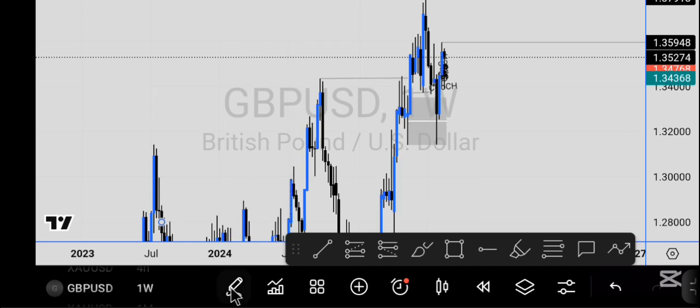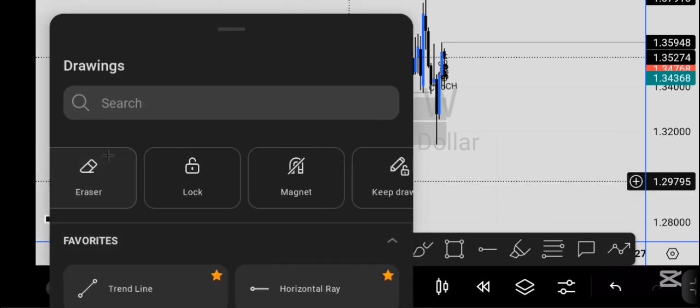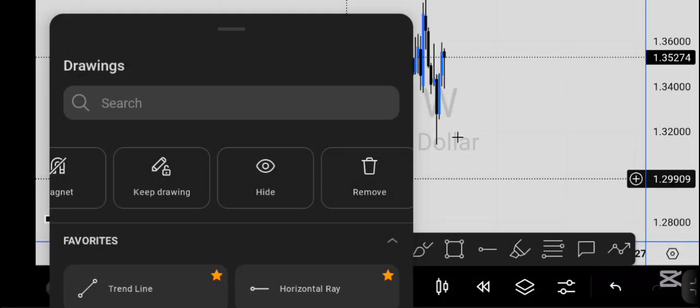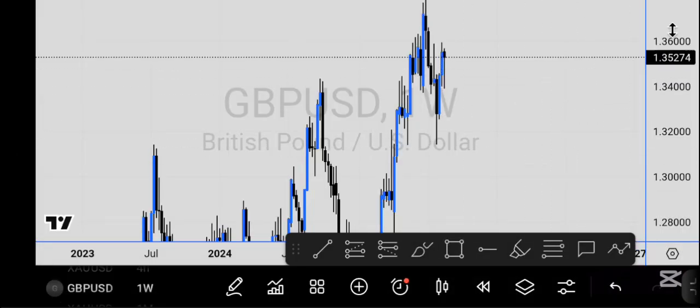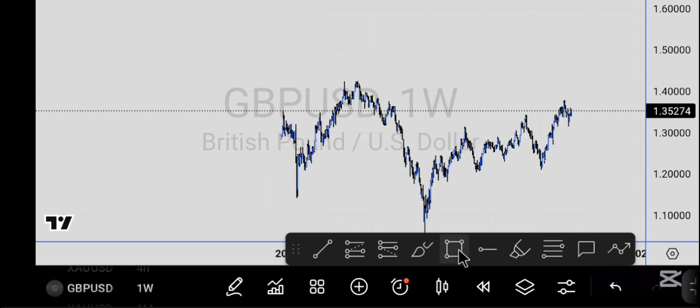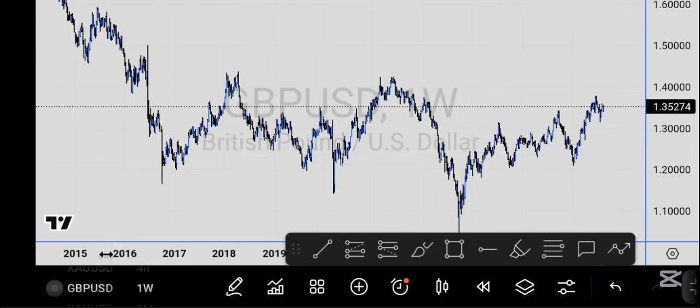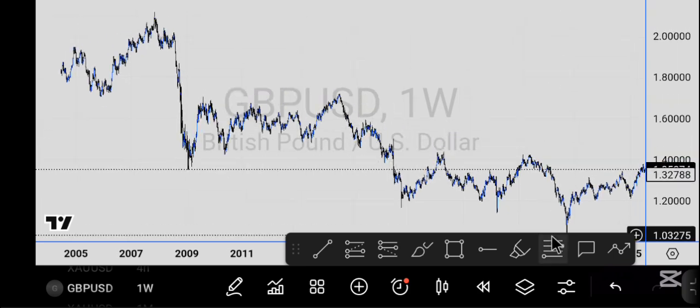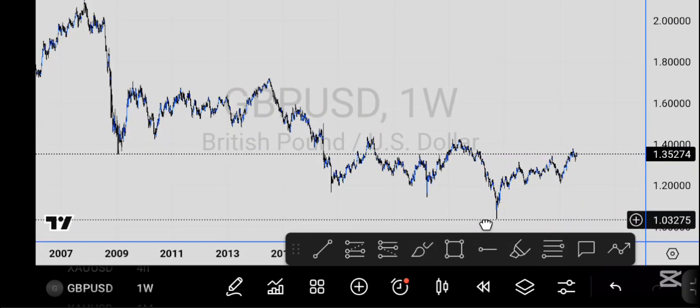Let's clear out the charts. If we start from the weekly and shrink the charts together, you can see that on the weekly we are bearish, very bearish.